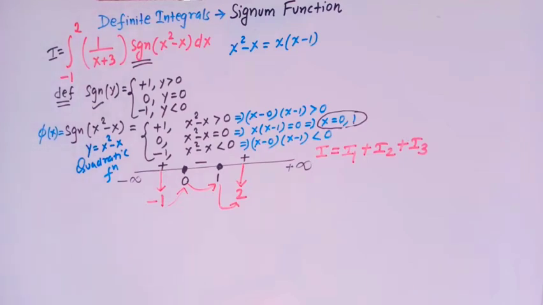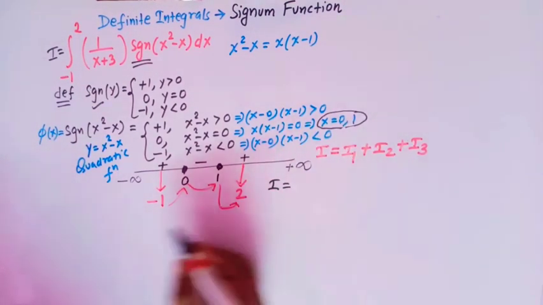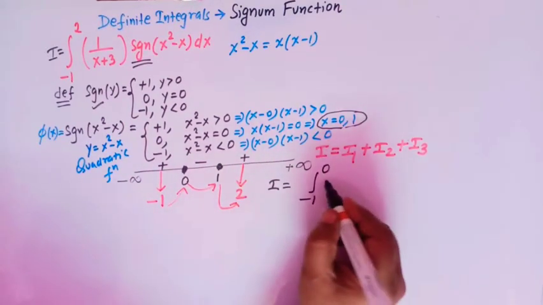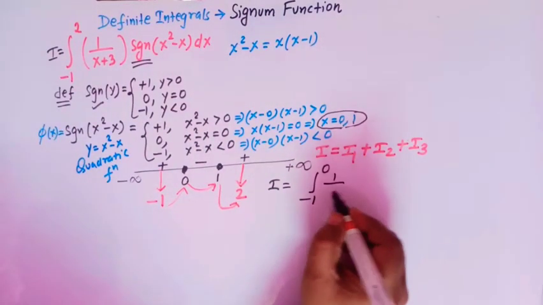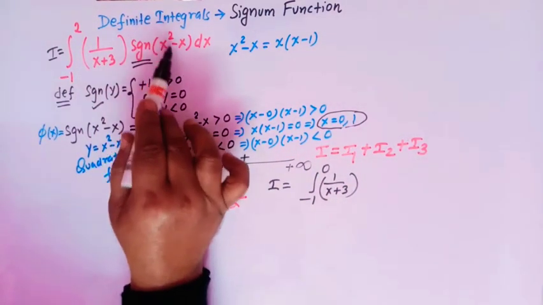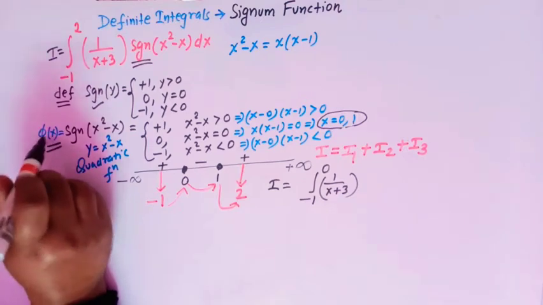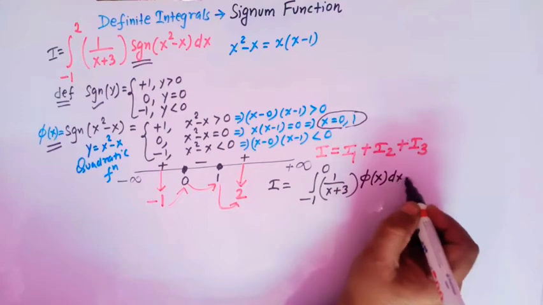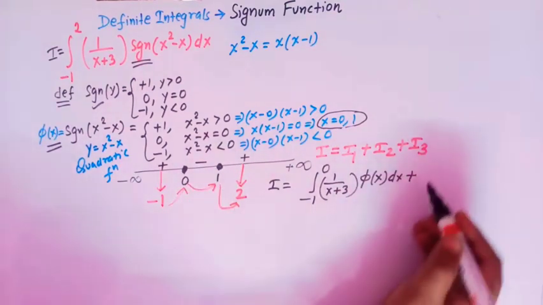Okay, so now I is equal to I1. I1 is from minus 1 to 0. Here we have 1 over x plus 3, and signum of x square minus x is our function phi of x. So here we can write phi of x, and then we have the integral from 0 to 1, right?